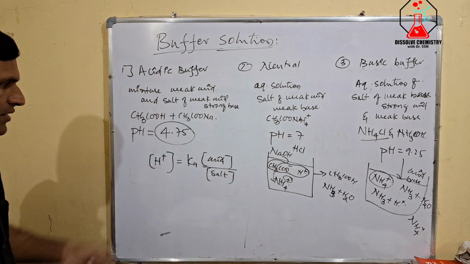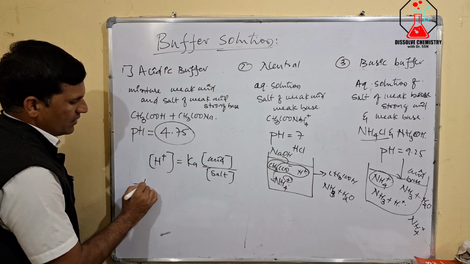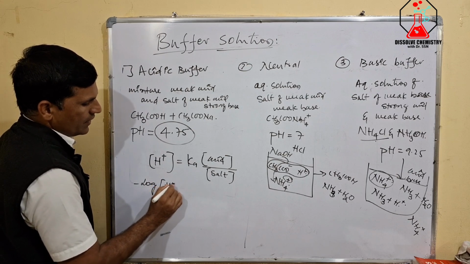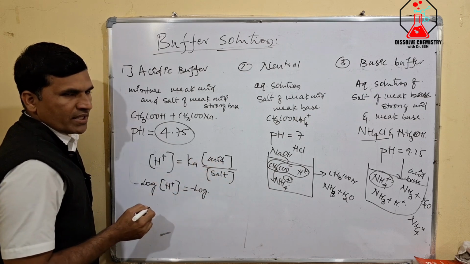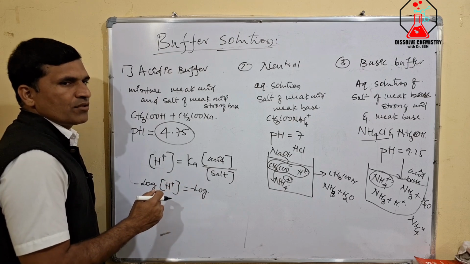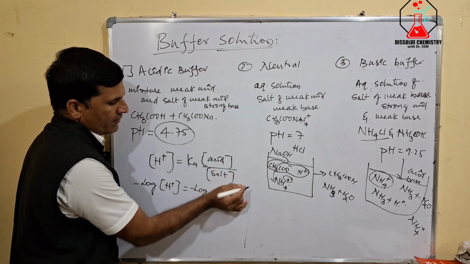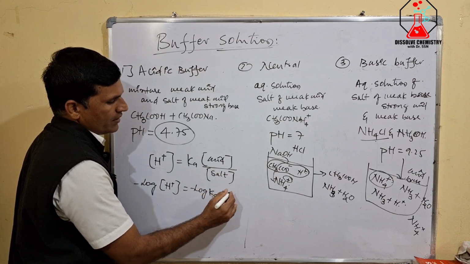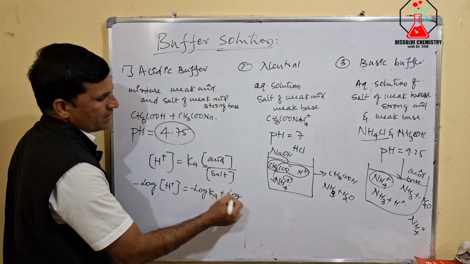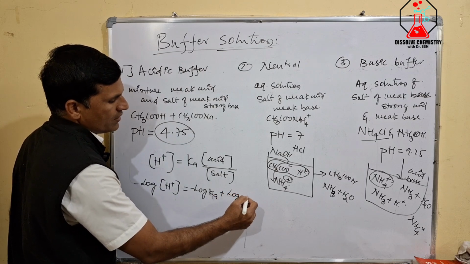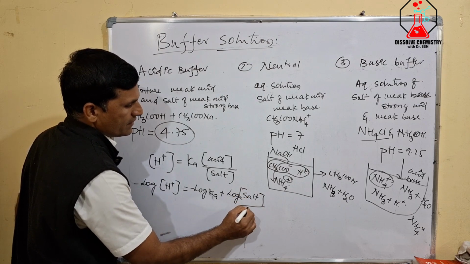Now if you apply negative log on both sides, minus log of H plus is equal to minus log of Ka into acid by salt. Log of A into B is log A plus log B, so we write log Ka plus log of acid by salt, and to change the sign, since we multiplied by negative, salt will go up and acid comes down.